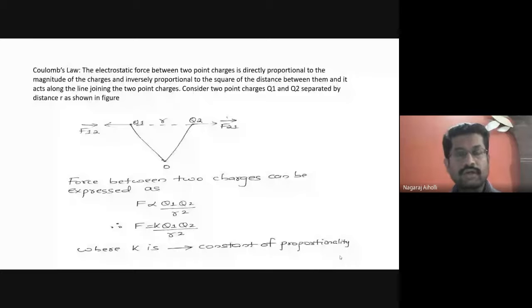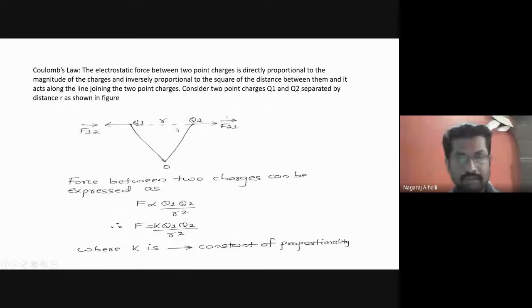This Coulomb's law you all have studied at your PUC level or in the lower levels of your study, right? According to Coulomb's law, let us say there are two charges, q1 and q2, maintained at a distance r. That means the distance between the two charges q1 and q2 is r.